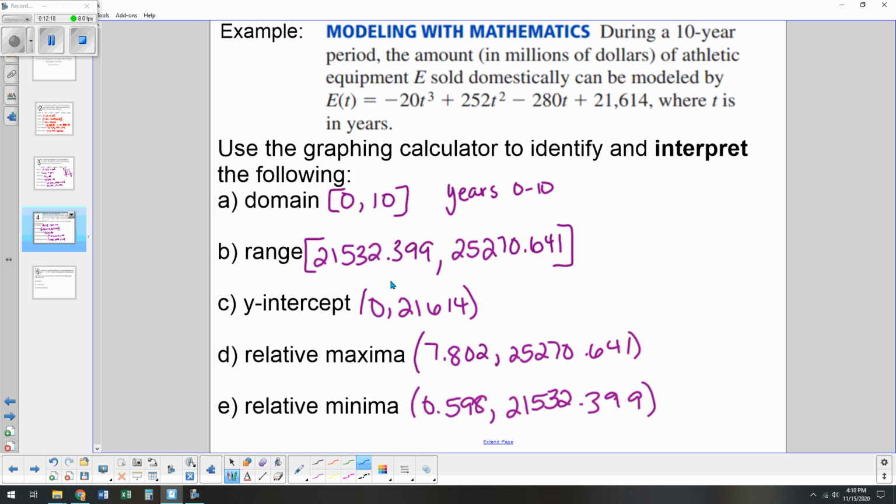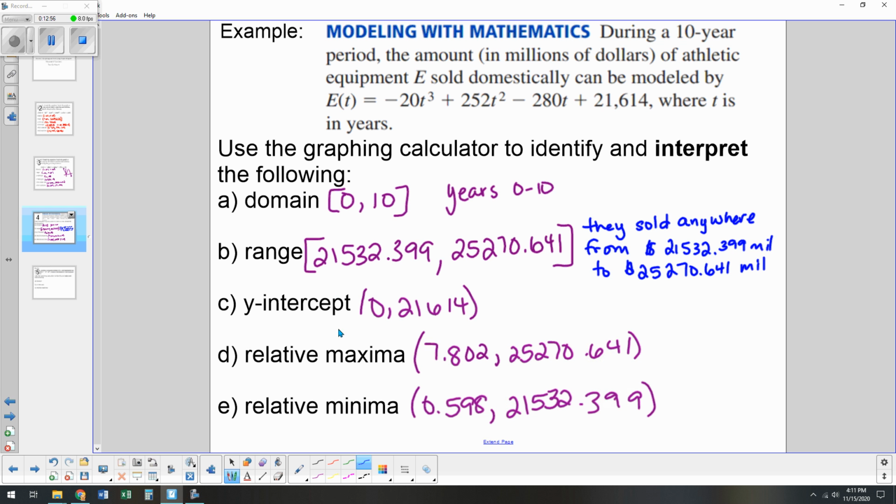The range, what this means is they earned, or sold, I should say, they sold anywhere from, right, this is in millions of dollars, right, 21,532.399 million to 25,270.641 million.